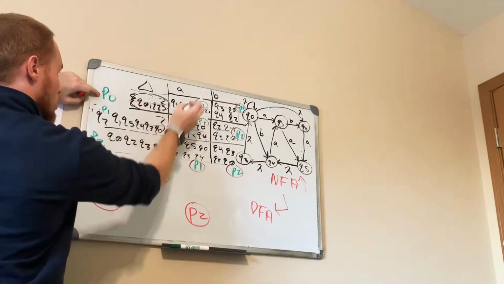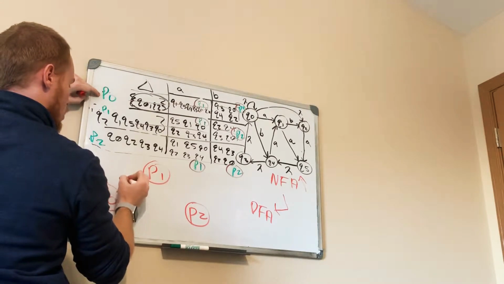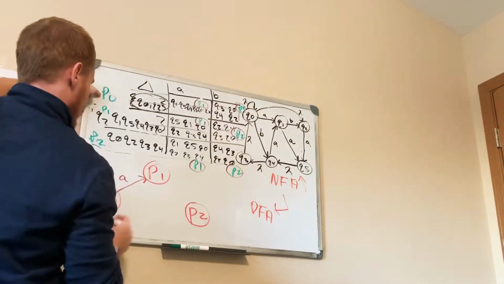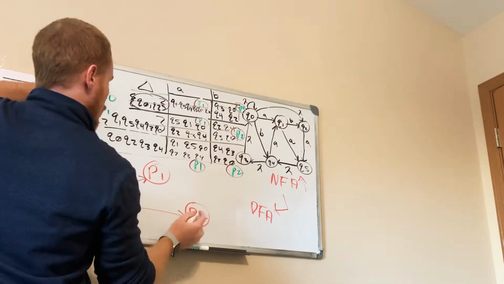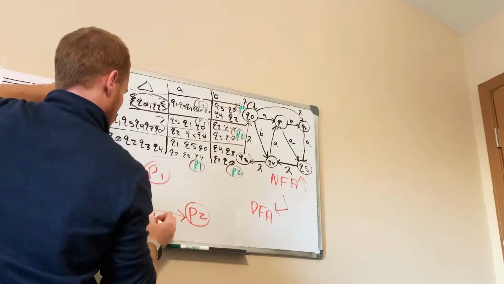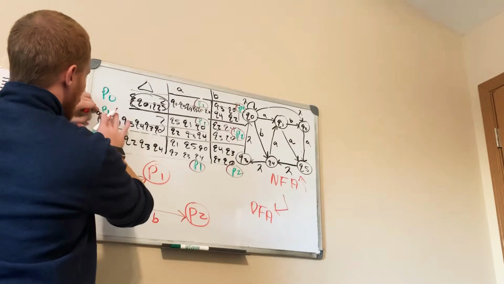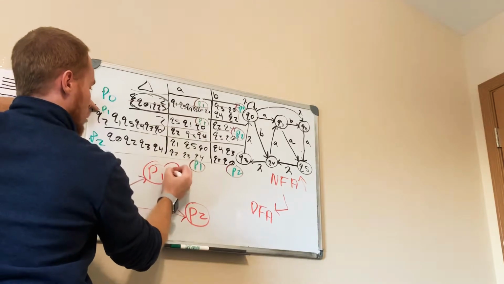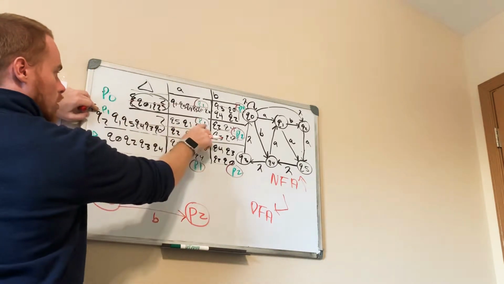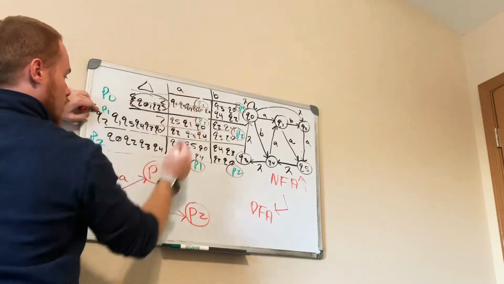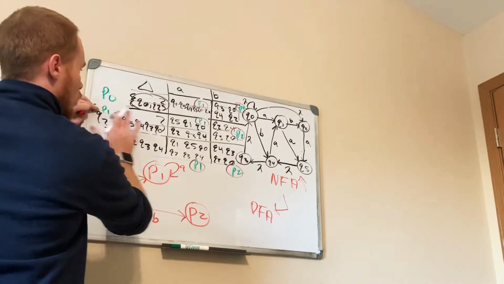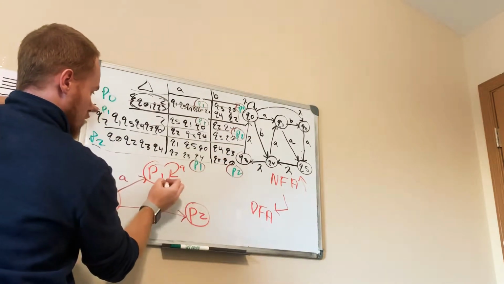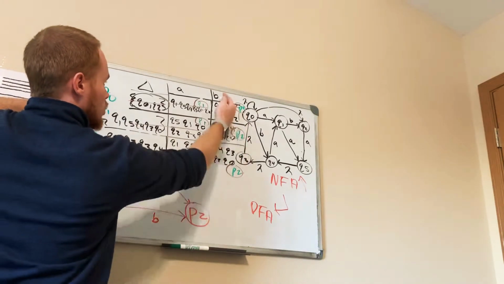From P0 to P2, we can get there with input B. From P1 to P1, basically to itself, with input A. So you're at P1, and to get to P1, you can use input A. From P1 to P2, we can use input B.